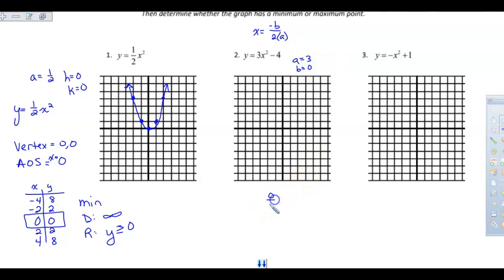So if I have 0 over 2 times 3, I get 0, so x is 0. And if I plug 0 in for x, that's 0 minus 4, which is -4. So my AOS is 0. My vertex is 0, -4.